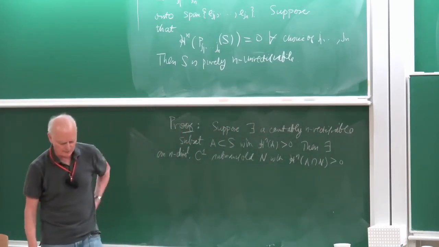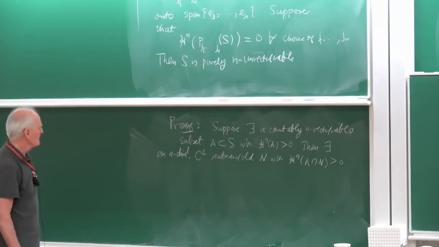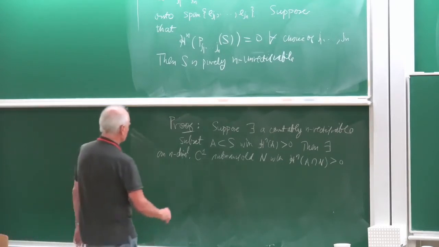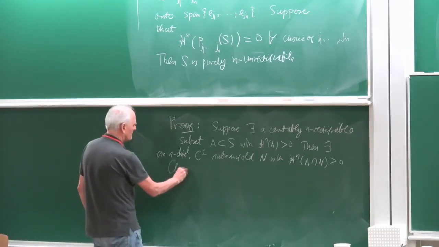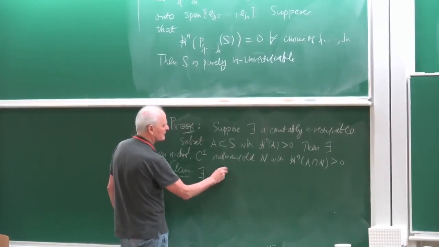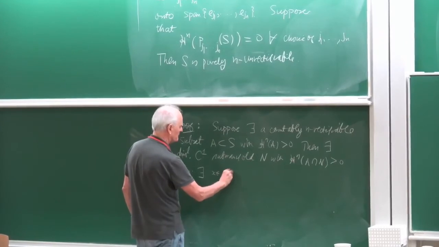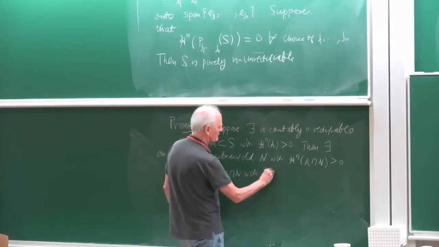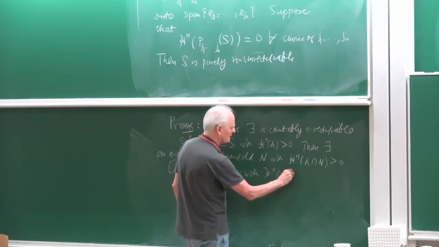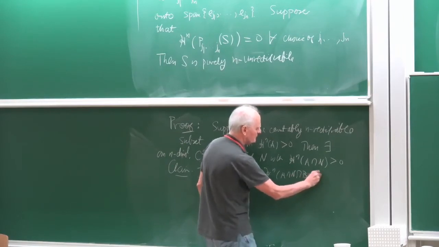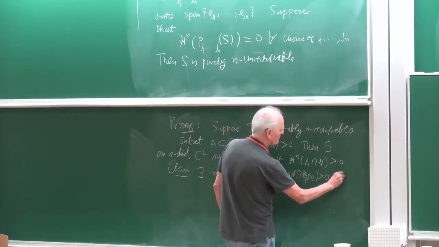It's just using that decomposition theorem for countably n rectifiable sets. Now, if that's the case, then the claim is that there exists some point x in A intersect N with Hn of A intersect N intersect B(x, rho) positive for every rho positive.